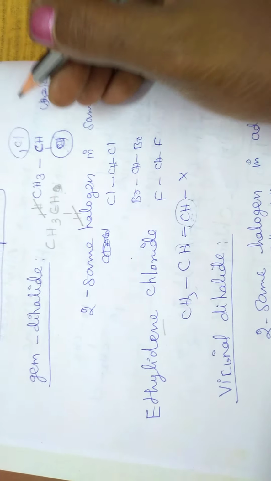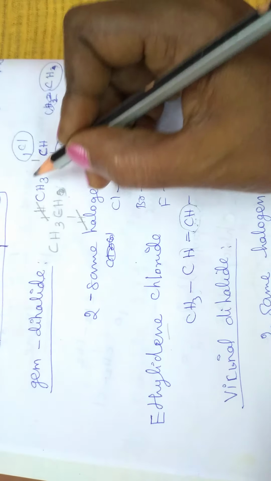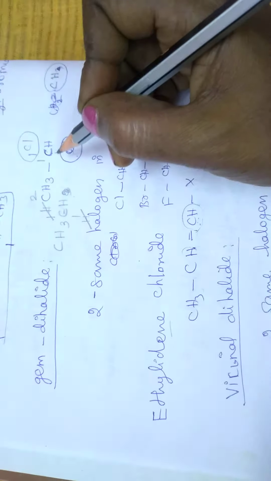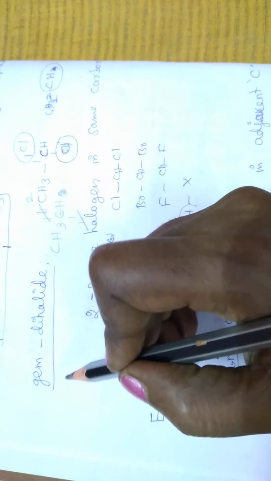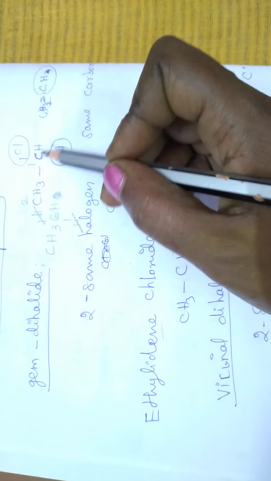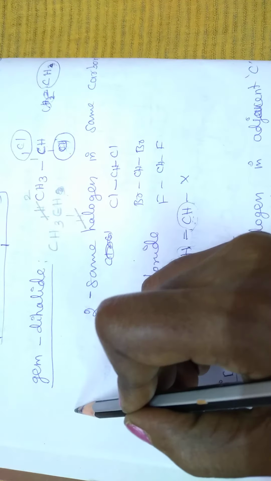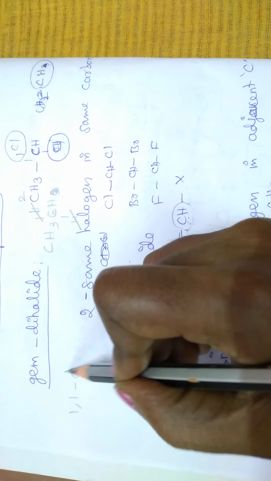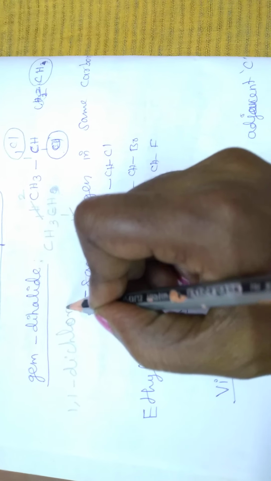IUPAC name, how will we give the IUPAC name for this? Where the halogen is present, the number should be given 1, the next will be 2. So here 1, 2 carbons are present, so it is ethane. In the first carbon, 2 chlorine atoms. So I can write the name 1, 1 dichloro ethane.